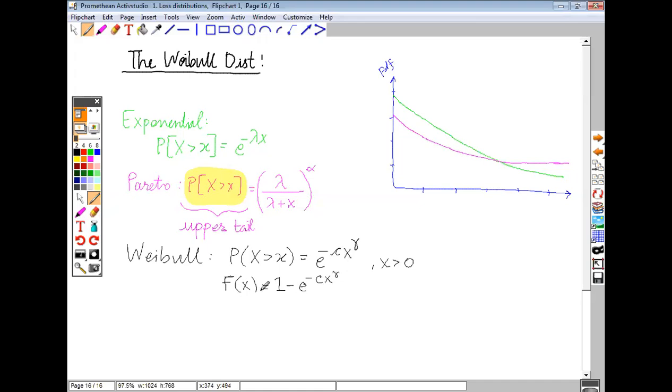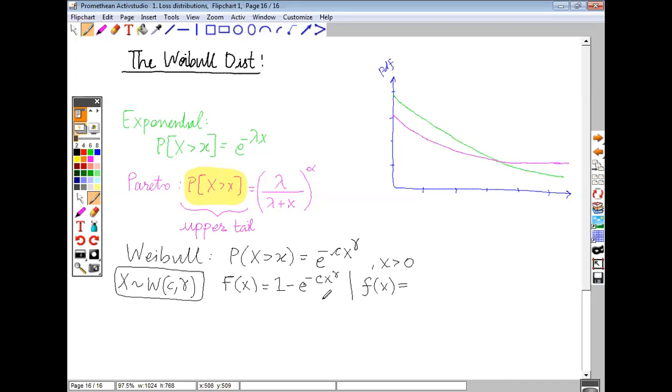And can anyone help me with the PDF for this? So this is my f of x. And if I were to write my PDF for Weibull distribution, what will that be? Anyone? So it will be the differentiation with respect to x, right?